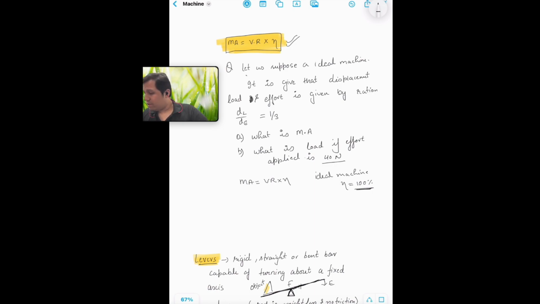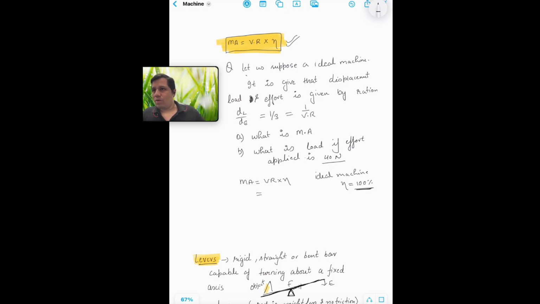How do you do that? And one of the important things: I have given you the ratio of load by effort. So what is load by effort? Load by effort is nothing but 1 by velocity ratio, isn't it? So your velocity ratio is basically the ratio of load by effort.